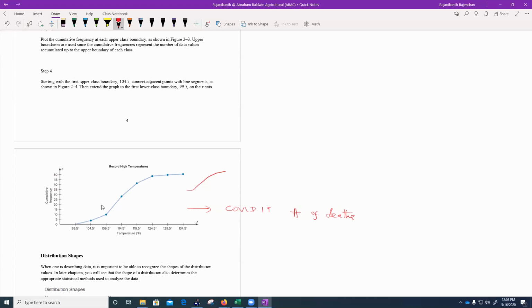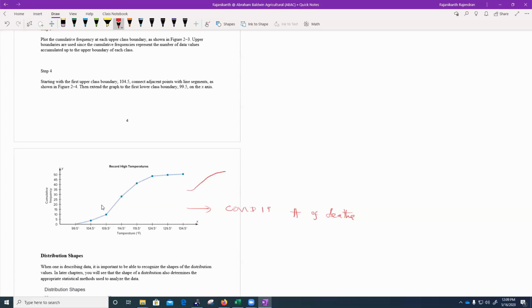Yeah, because we are adding all the number of deaths day by day, so it's kind of accumulating, right? All the number of deaths. So basically, we are finding the cumulative frequency. So that's what you will find, a similar curve for the number of total deaths from the COVID data.